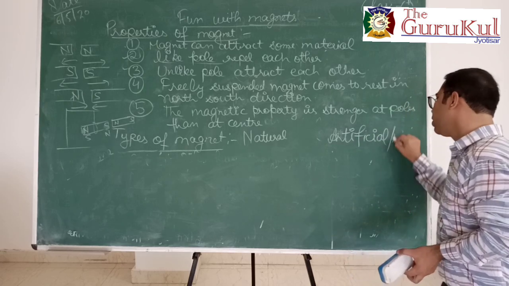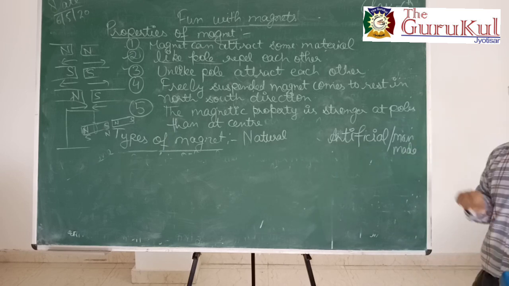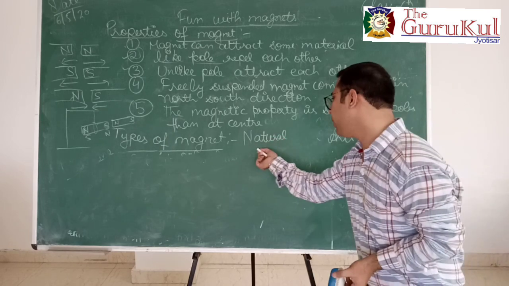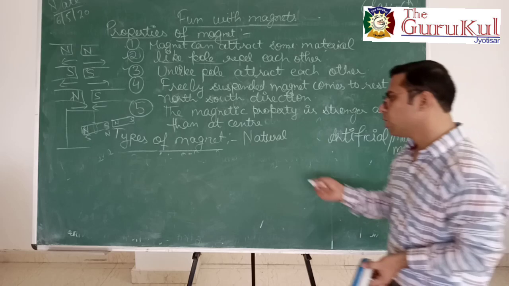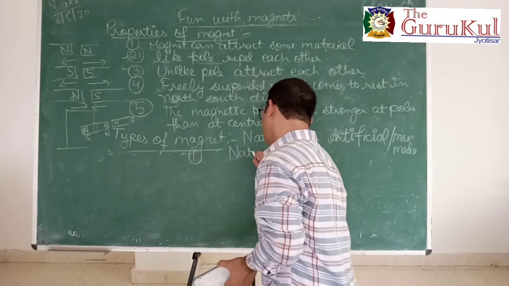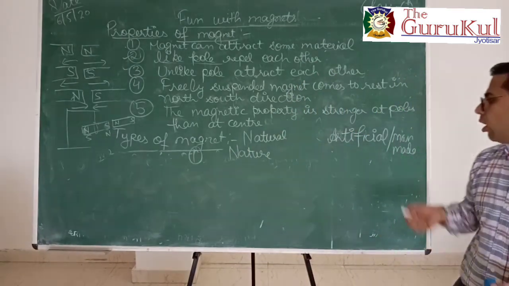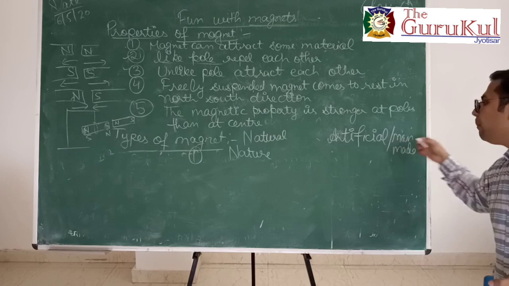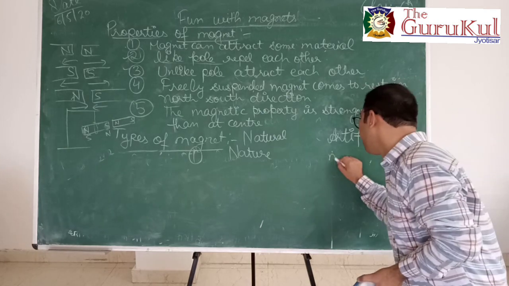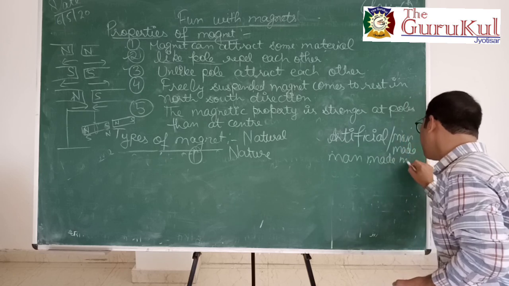Artificial magnet you can call man-made magnet, or scientific magnet, they are the same thing. Natural magnets are those found by nature, obtained from nature, and magnets which are made by men are known as artificial magnets, man-made magnets.